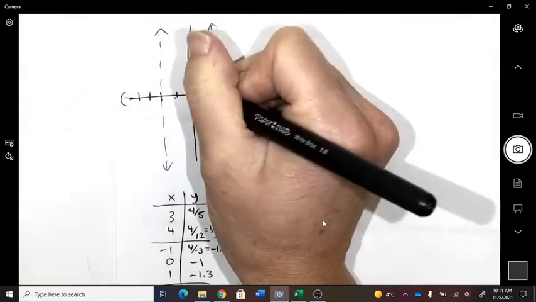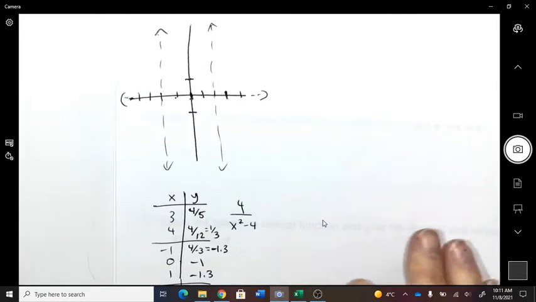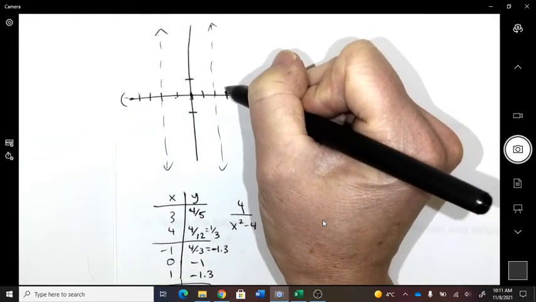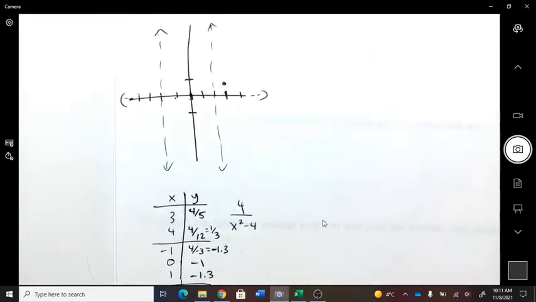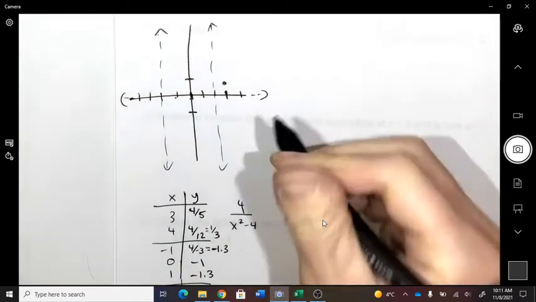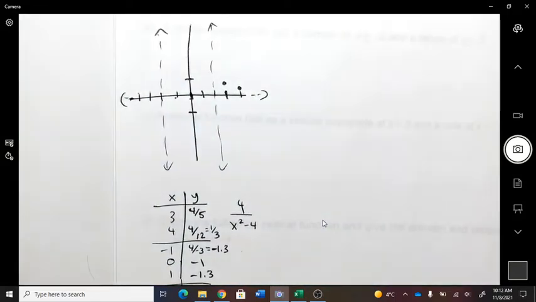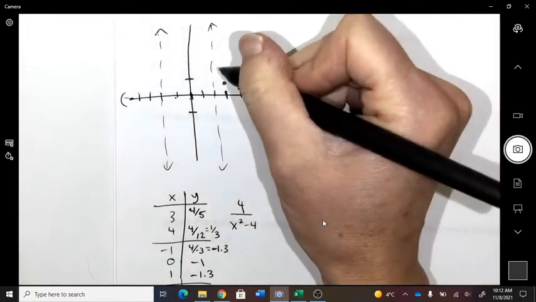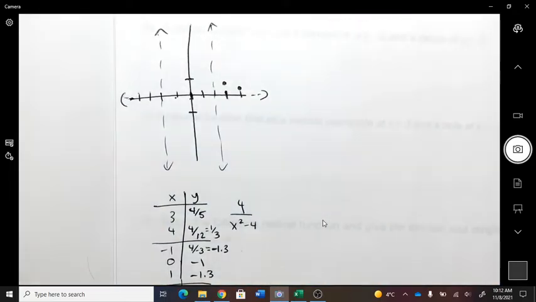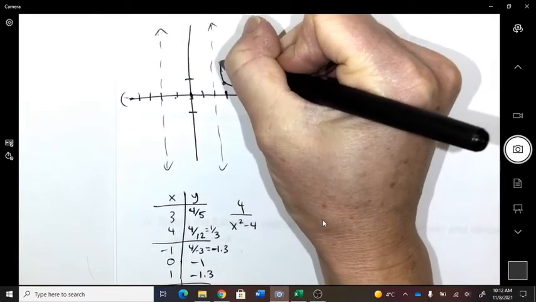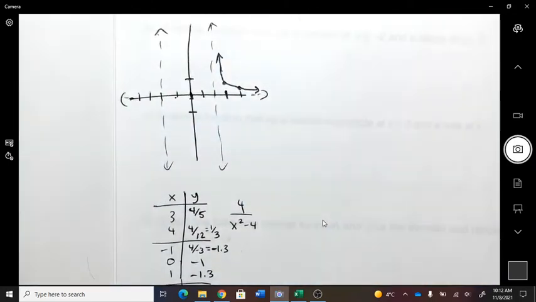Okay. So 3, 4/5. So 3, 4/5, 4 comma 1/3. What's the pattern? So as we're going right, we're going down, down, down. Okay, the asymptotes help you follow the pattern.